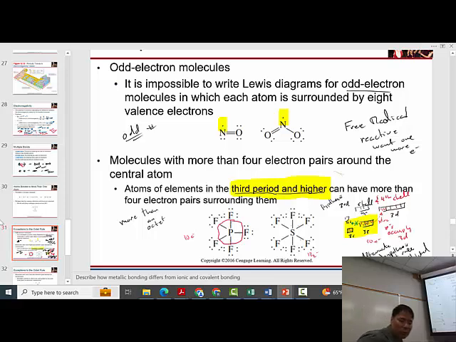So it's more than a rule, it's more like a law. The octet law is not violated. That is, once you fill up this shell, the electron's not going up here, it's just too unstable.